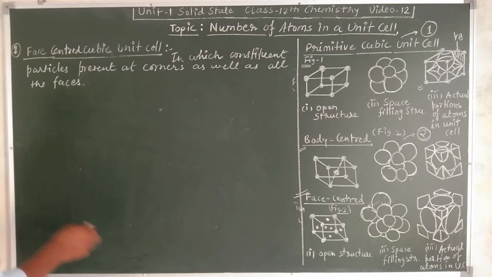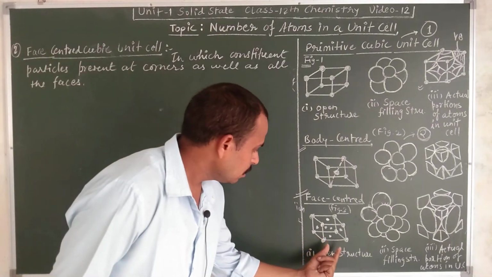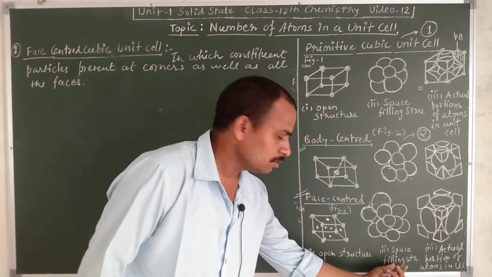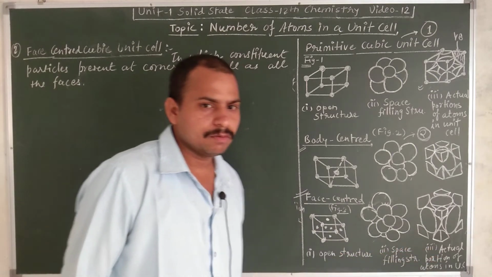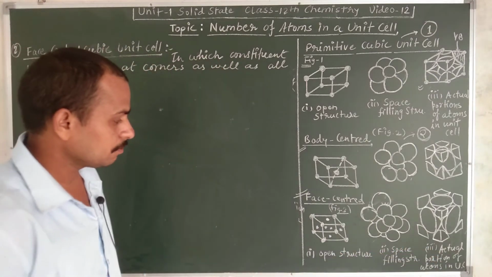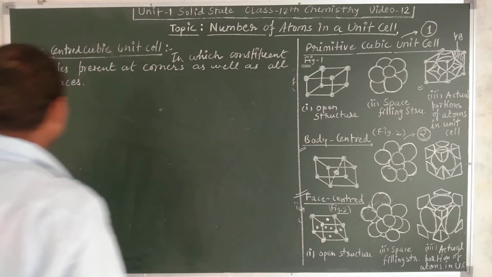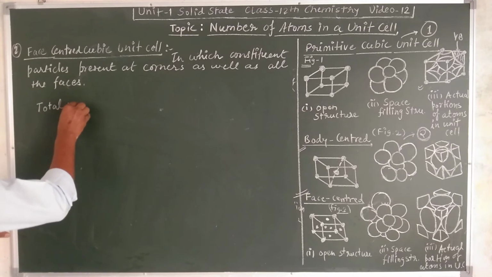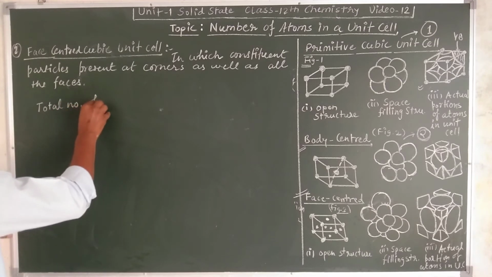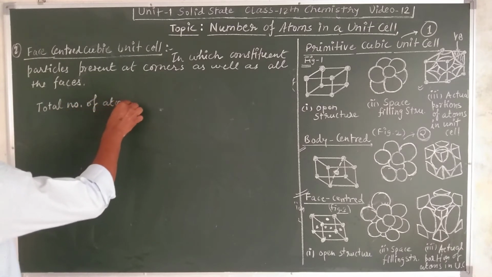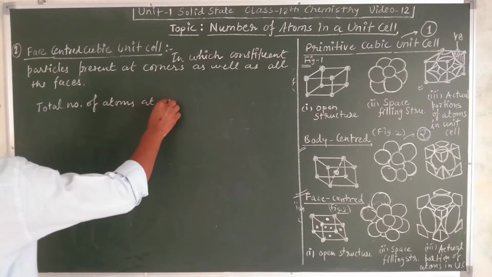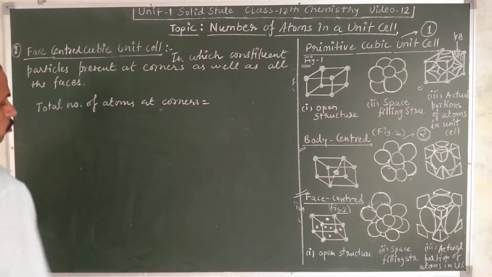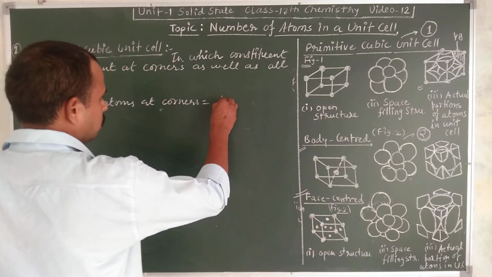So this is the face centered unit cell, open structure type, and this is space filling structure type, and this is actual portion of atoms in unit cell. So total number of atoms at corners, so that is 8 corners.